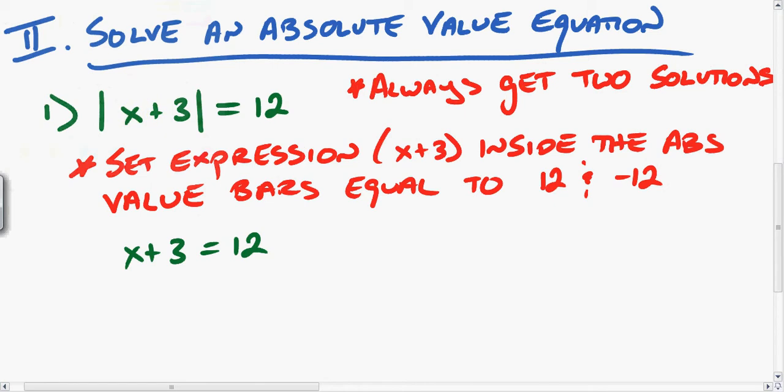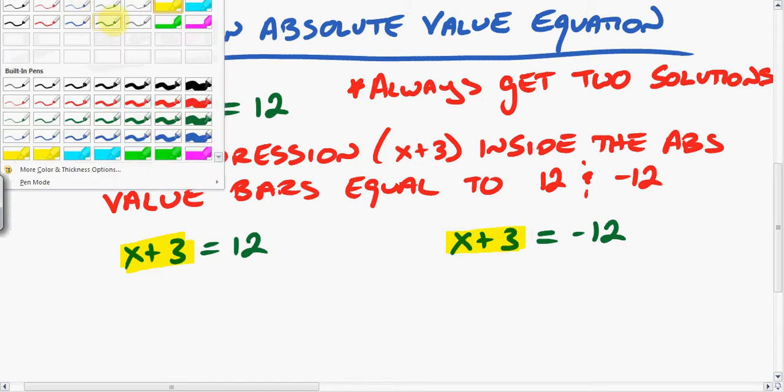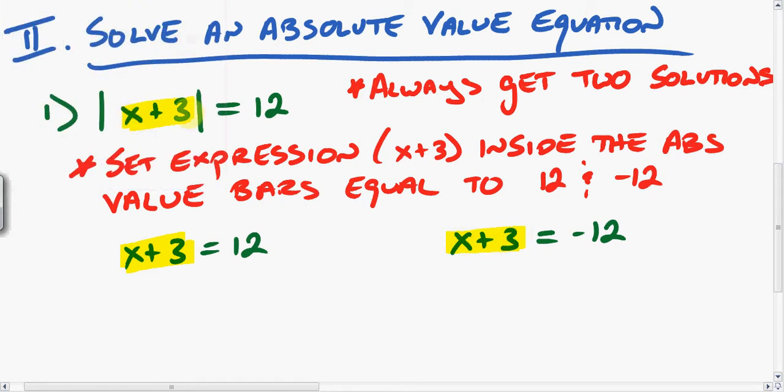I've taken just this expression right here and set it equal to 12, and then I'm going to do it again and set x plus 3 equal to negative 12. So take that expression inside the absolute value bars, set it equal to that number, and take that same expression and set it to the opposite of that number.